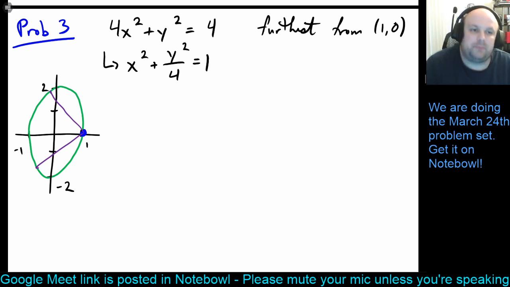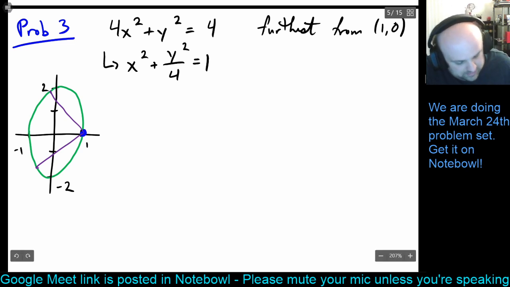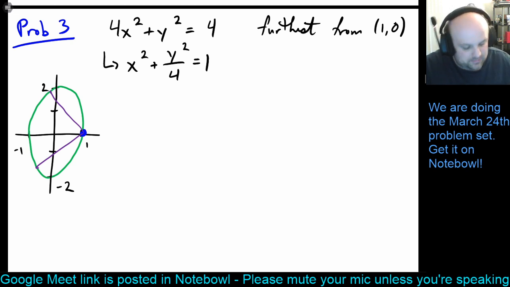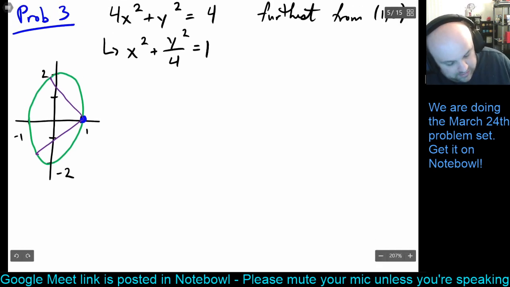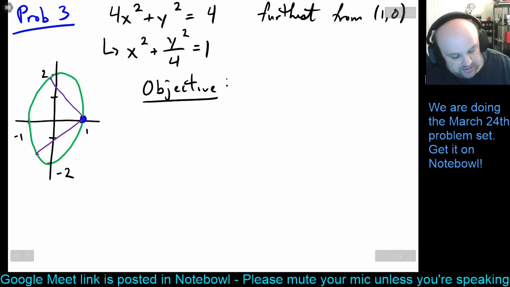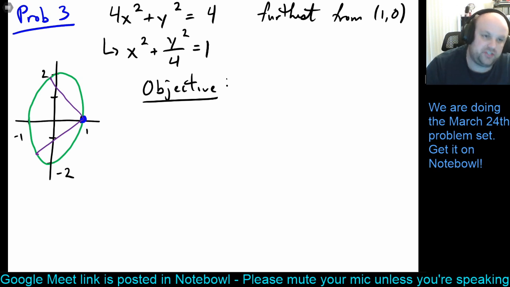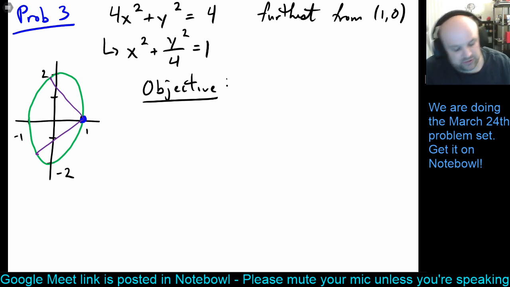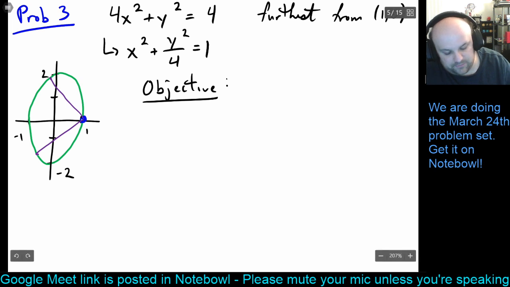So anyway, we need to come up with a constraint and an objective function here. Let's get the objective first. Our objective function here is pretty straightforward. If you watched the lecture video on WebAssign already, you hopefully remember what it is. In this case, we're just looking for the distance from this point 1, 0.